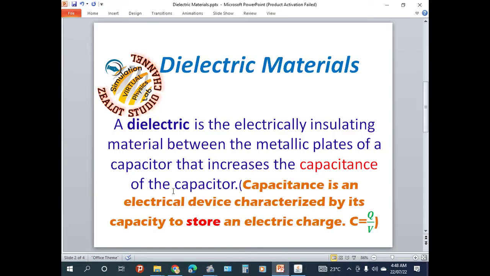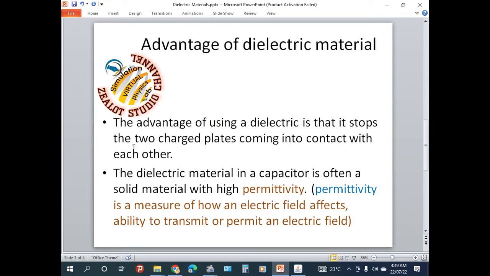Here the dielectric is electrically insulating, which means paper and glass are insulating materials between the metallic plates of a capacitor, increasing the capacitance of the capacitor. And the advantage of dielectric material?